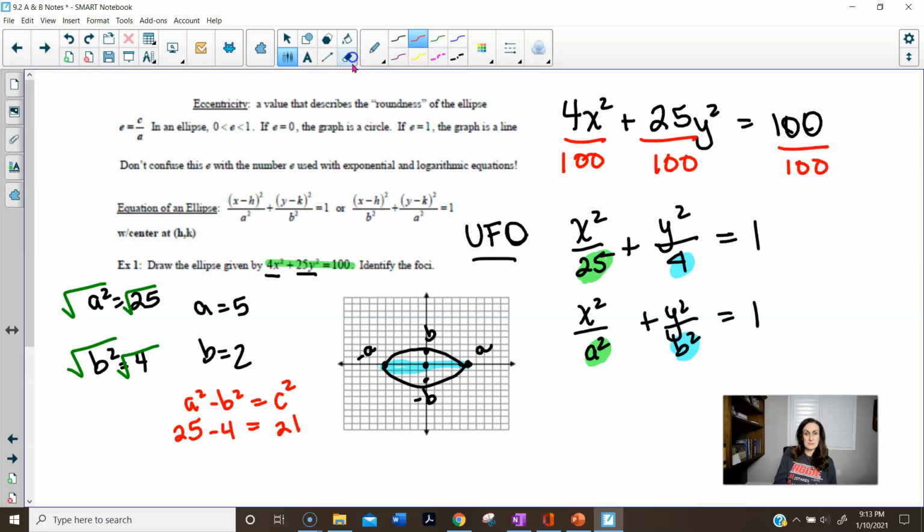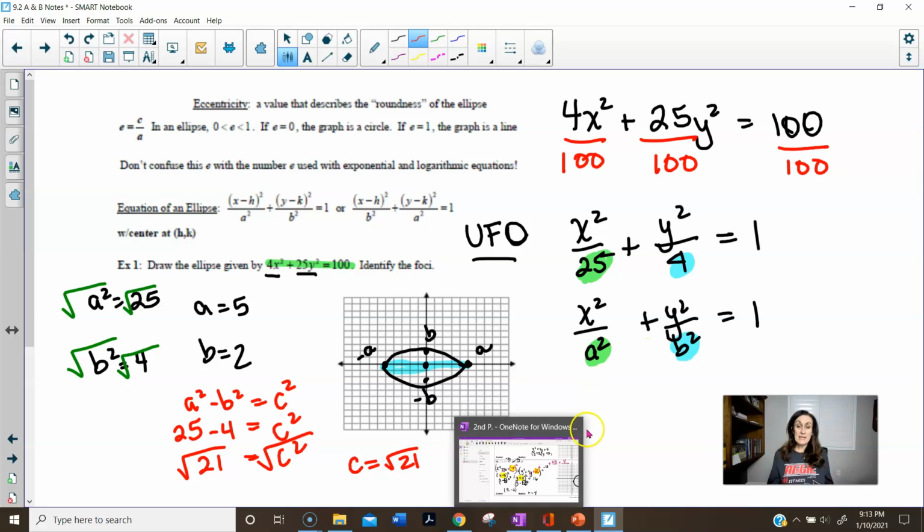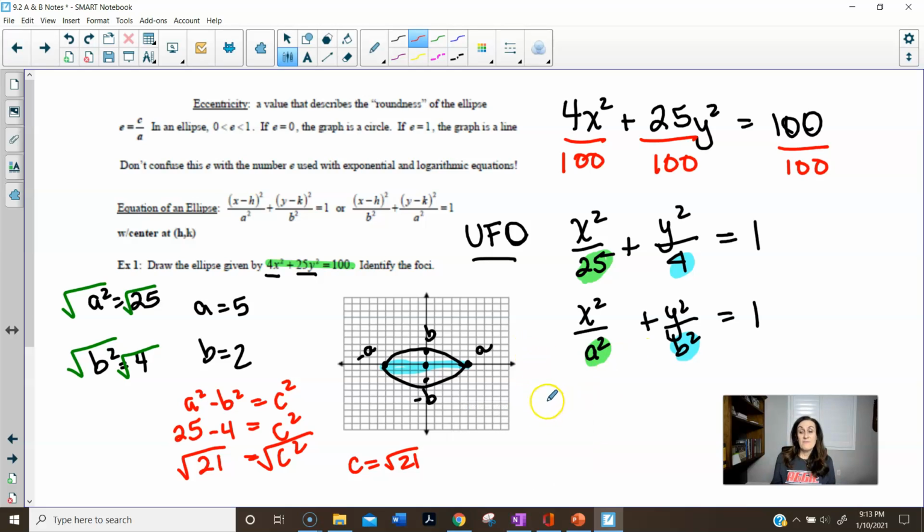So let's write this as an equation. 21 equals c squared, and the square root of 21 is what c is. Now the square root of 21 is a little bit less than 5.